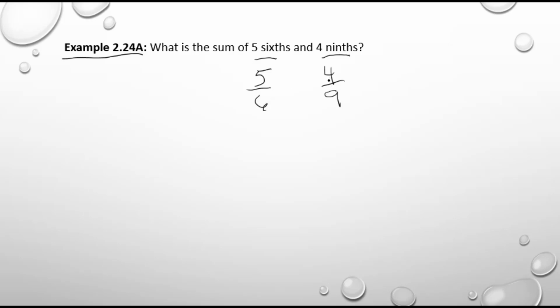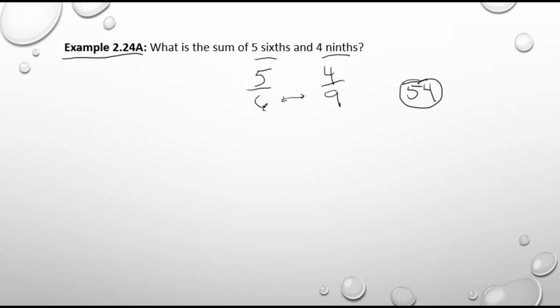Nor can I reduce 4/9 and get 6. So there's 2 ways to approach this. One, you can always just multiply the denominators and get a multiple, which in this case would be 54, and use that and change both of these fractions into the unit 54. Or you can look for multiples.